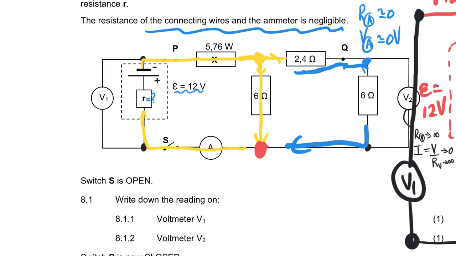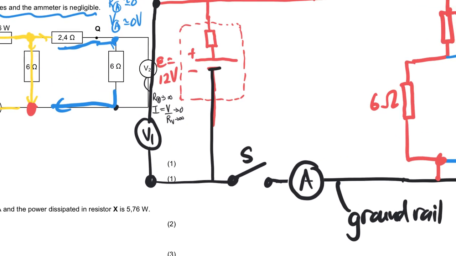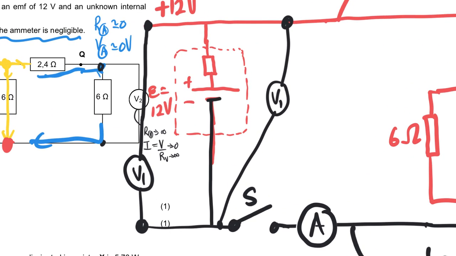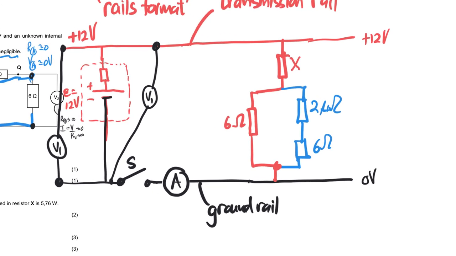So now, that V1, we could also have connected like this. I could have connected it across like that, and it would still read the volt drop between the two rails. When it comes to V2, we can see that V2 is connected across the 6 ohm resistor, which means it's connected like that.